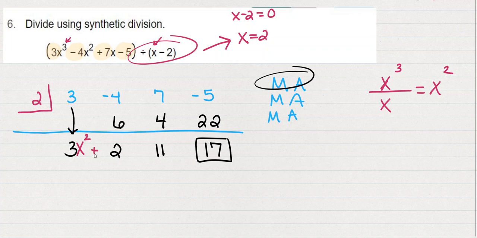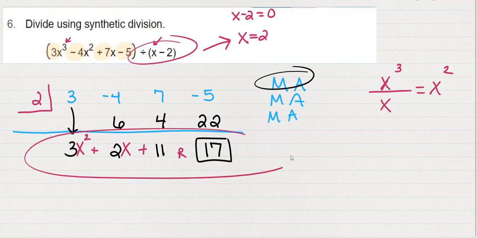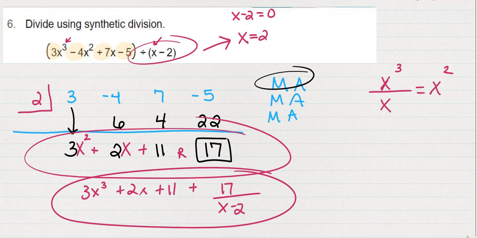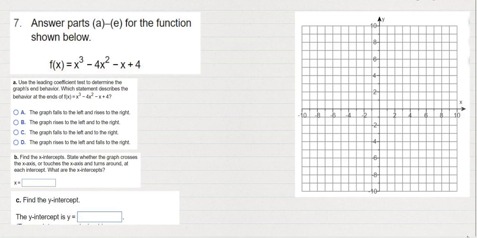So 3x squared plus 2x plus 11, remainder 17. And that's our answer. Now, if you wanted to write that remainder with a plus, we could say it's 3x squared plus 2x plus 11 plus 17 over x minus 2. Either of those answers would be sufficient.